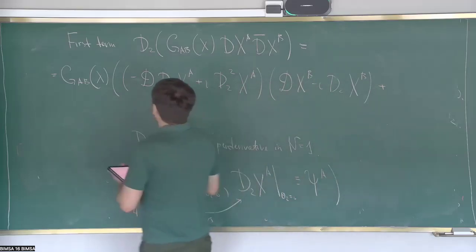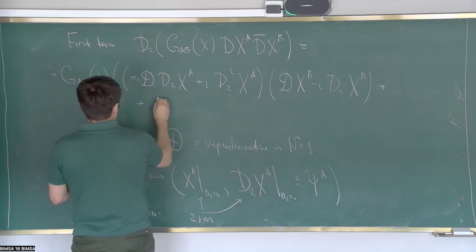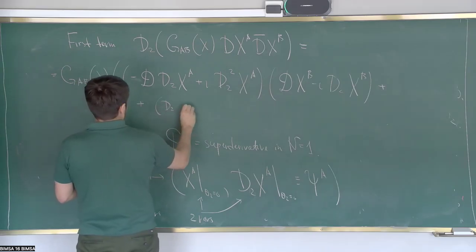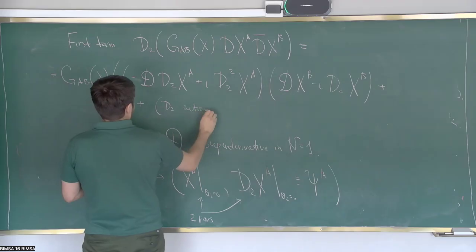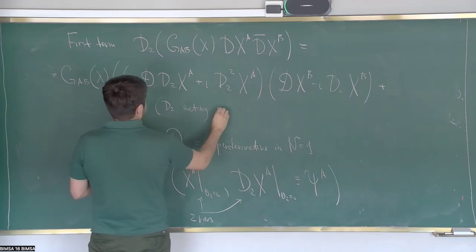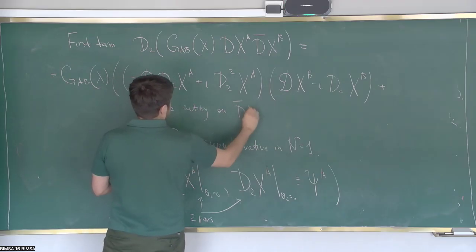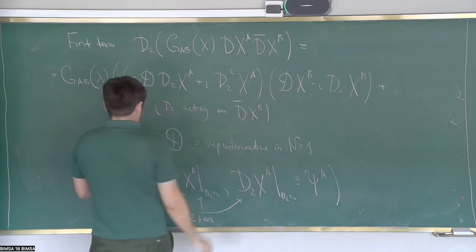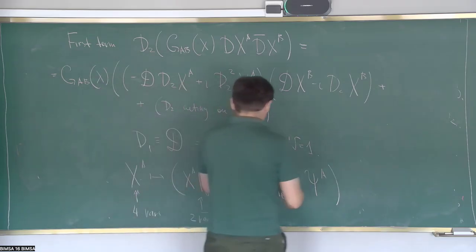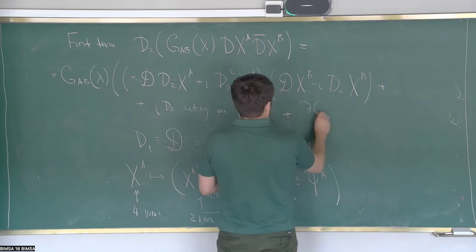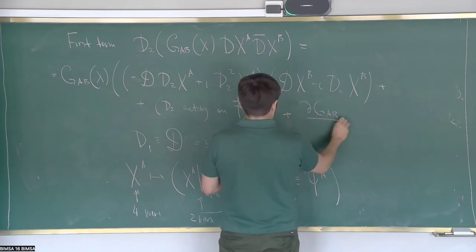So let's start with d2 acting on d bar x^b. Similar term. And then when we differentiate the metric.